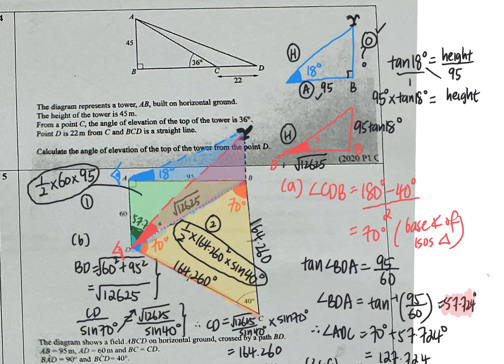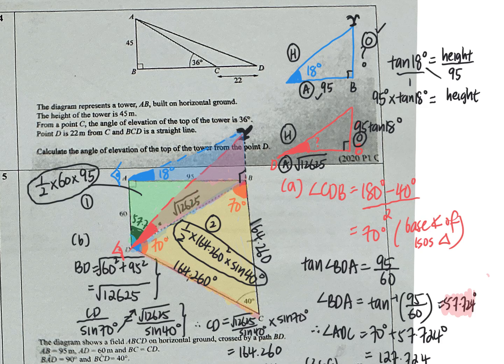SOH CAH TOA. So HAO. But the thing is what, right angle? This one will be a right angle triangle definitely because it's flat on the ground. So if it's flat on the ground, anything that is vertically above will be a 90 degree. No matter how you turn it, what angle you view from, it's always a right angle triangle from the base.